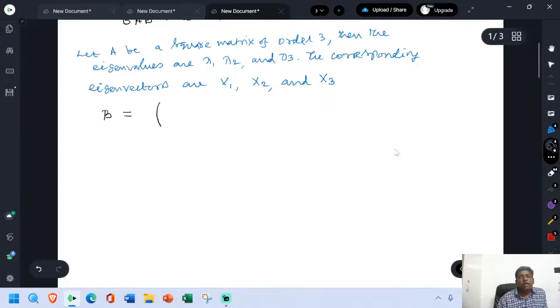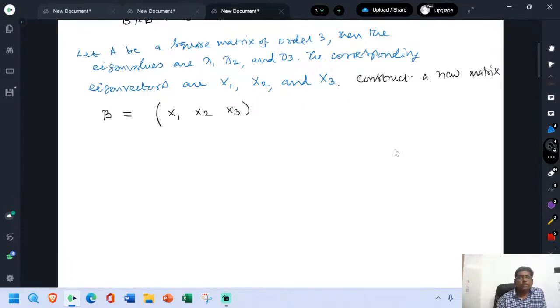Construct a new matrix B equal to x1, x2, x3.